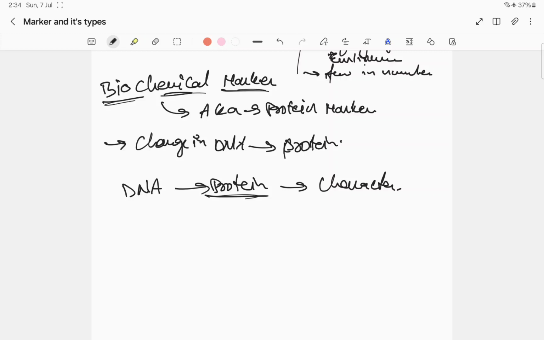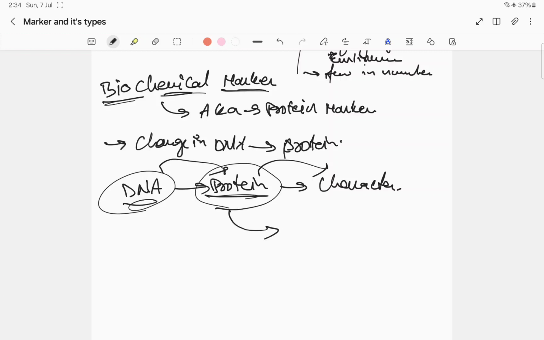If there is any change in DNA, that leads to a change in protein, that leads to a change in character, right? By studying this protein profile, meaning study of this genome, we are identifying this biochemical marker.